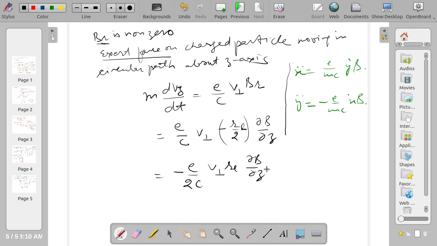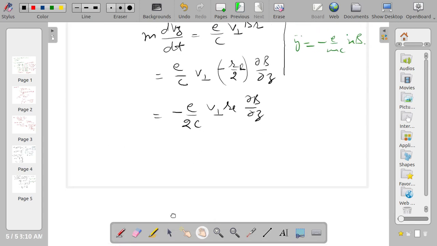It can be expressed in this form. And R_L omega_c, this is nothing but R_L omega_c. So if I use this, it will become minus e over 2c R_L square omega_c ∂B/∂z.